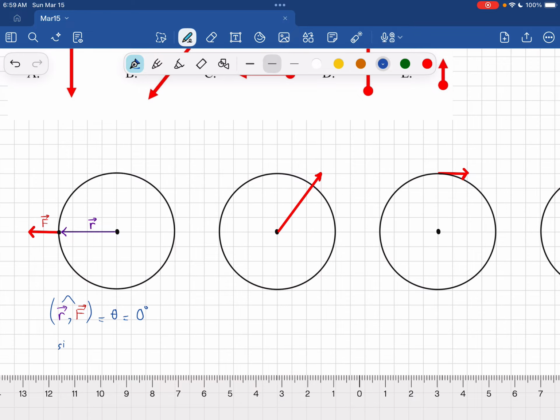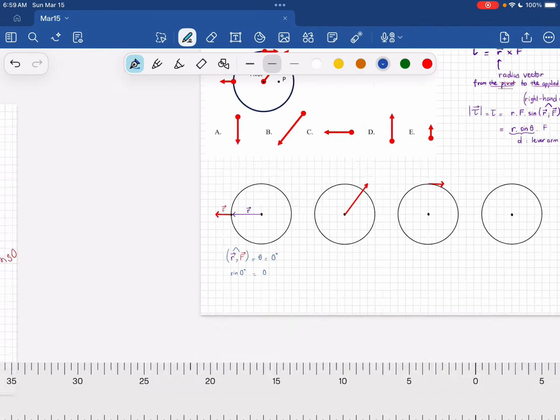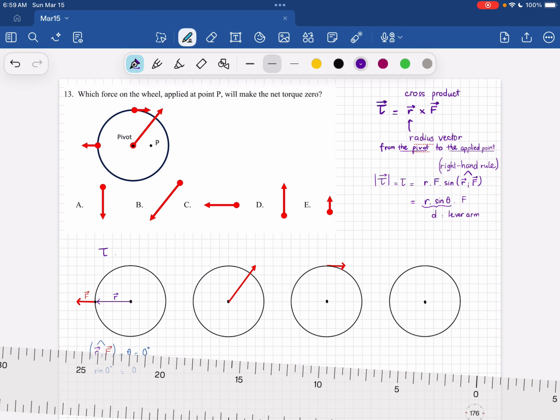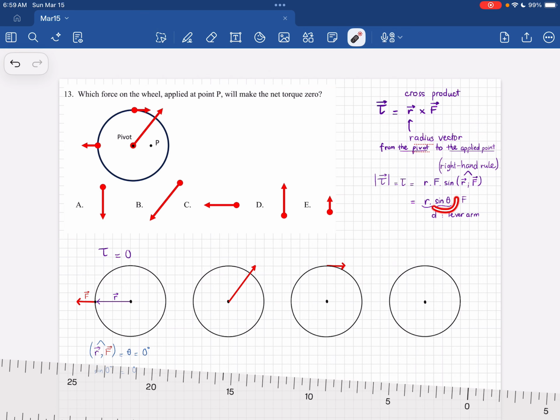Then sine of 0 is what? Just 0, right? Yes. So in this case, the torque by definition is 0, because sine is 0, so everything multiplied with 0 turns out to be 0. So what does it mean?